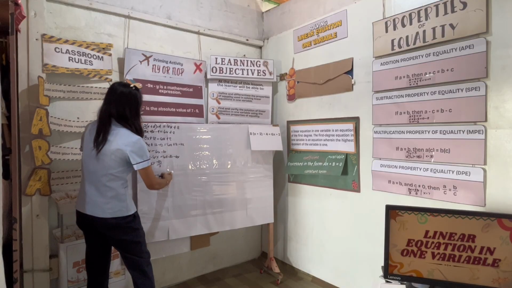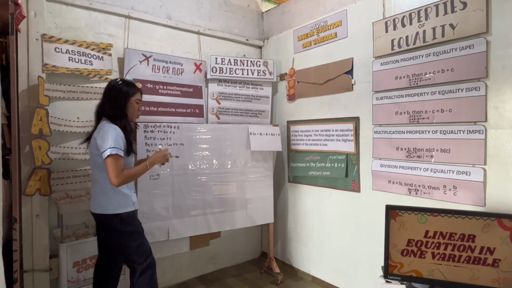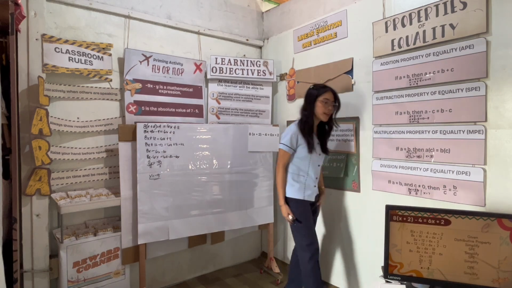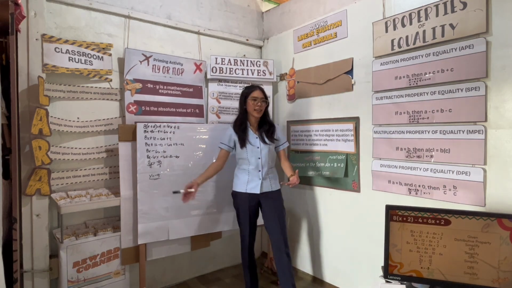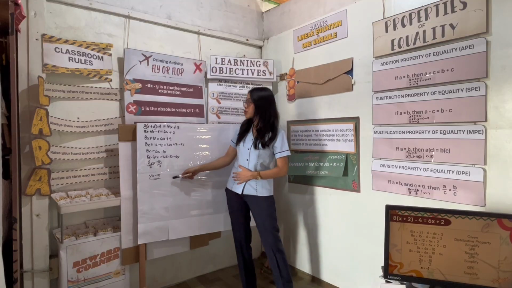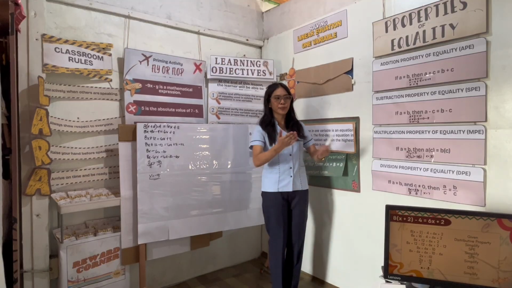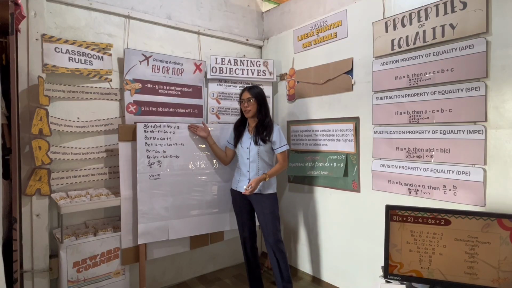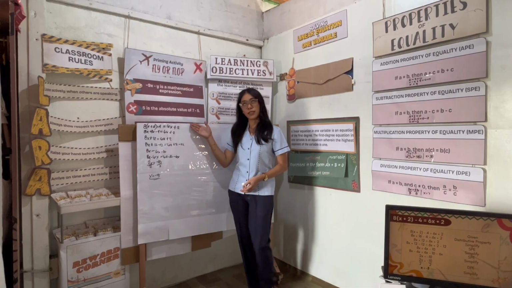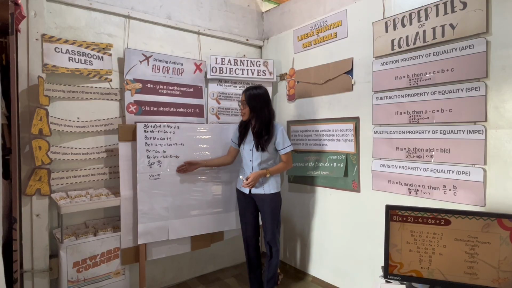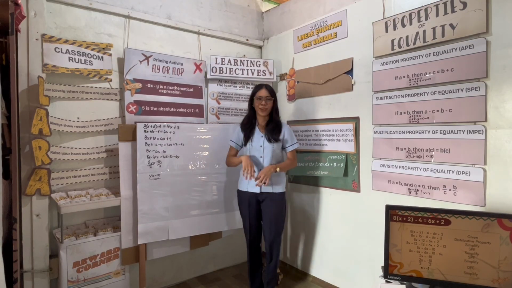Negative 5. Now, let us check if we have the correct answer. Yes, x is equal to negative 5. And what do you think will happen if we substitute our computed value to the original equation? Yes, if this equation turns into a true statement, then this number is the solution of the equation.